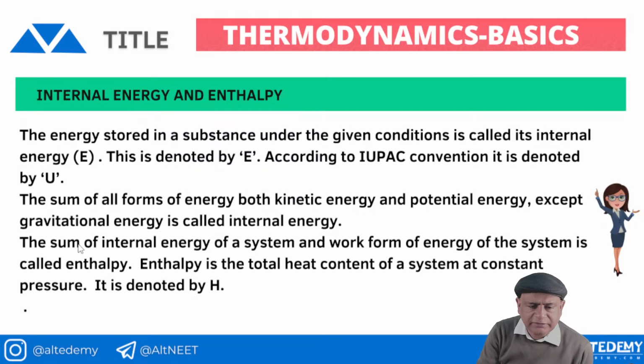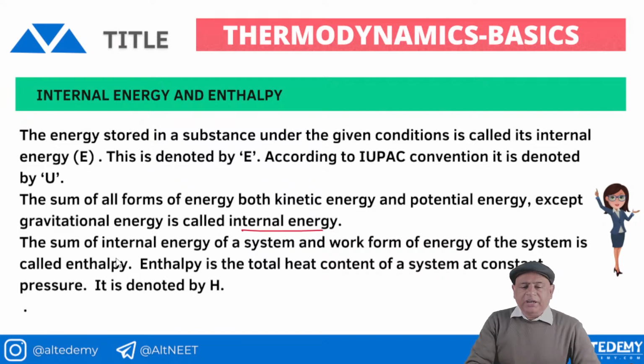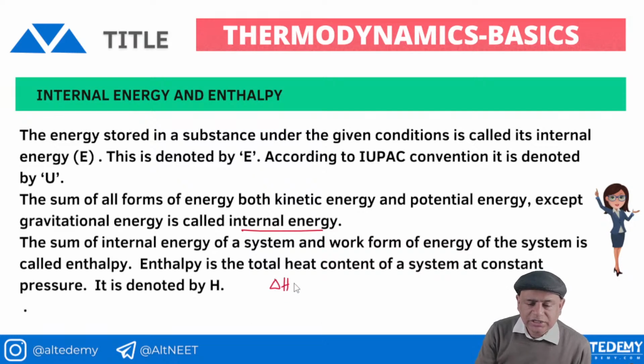The sum of all forms of energy, both kinetic and potential, except gravitational energy, is called internal energy. The sum of the internal energy of a system and the work form of energy of the system is called enthalpy. As I told you, delta H is equal to delta E plus P delta V.